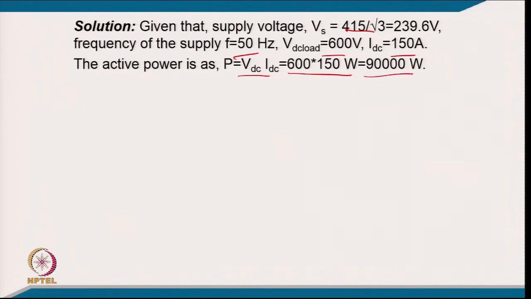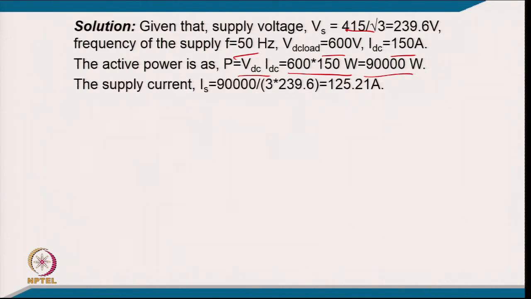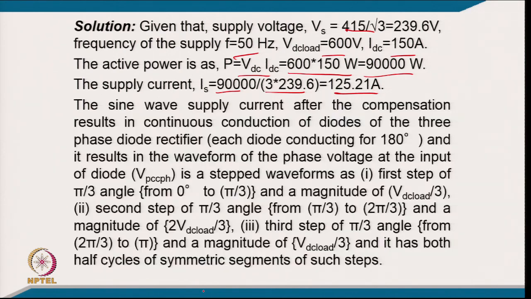It comes to 90,000 watt, means a 90 kilowatt drive, and the supply current will be the active power divided by the supply side per phase voltage multiplied by 3 for 3 phase. So, putting in the values it comes to 125.21 ampere on the supply side, a balanced sinusoidal current at unity power factor. Now, coming to calculating the rating of the series active filter.